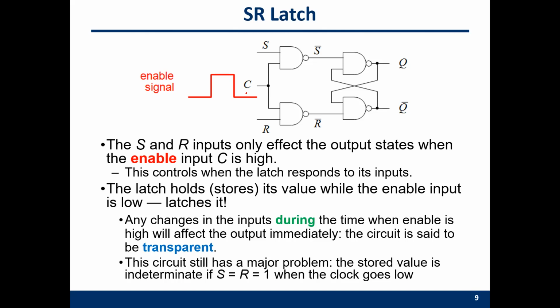If C is 0, no matter what the values of S and R, these two will always give you 1. Then that's an intermediate condition. The output of this structure will be wrong. It's a meaningless value.